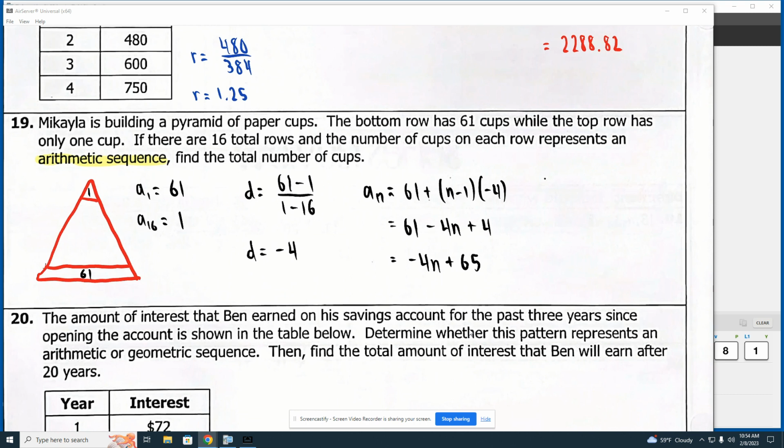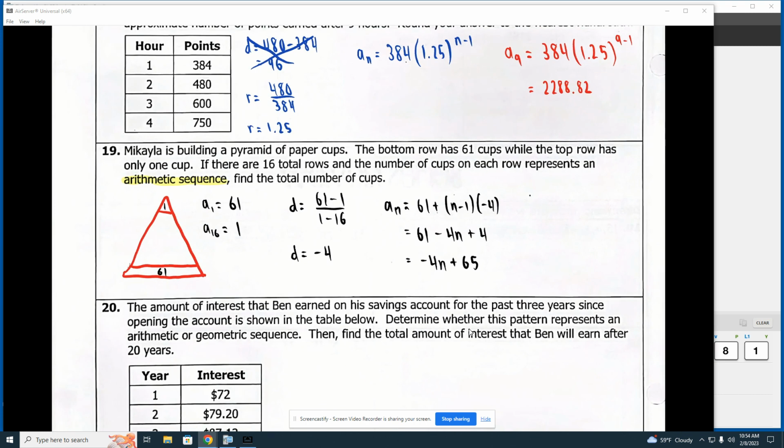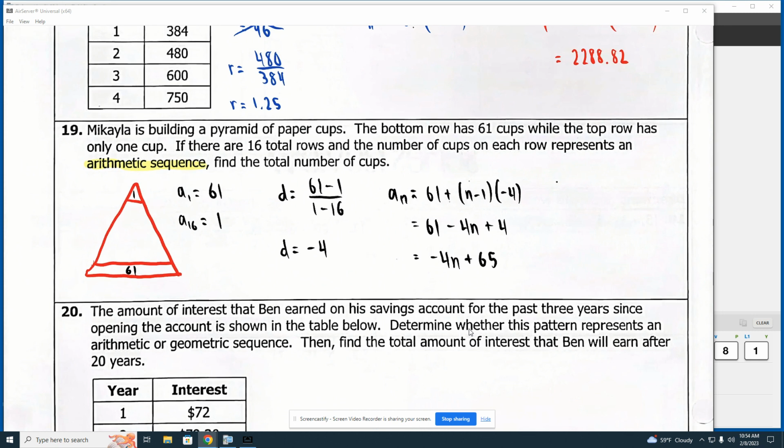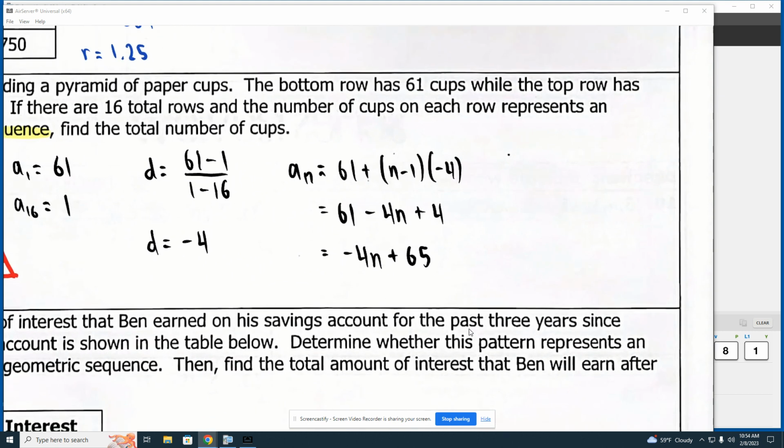Okay? Now, let's answer the question that they asked. At the very end of all this, it says, find the total number of cups. So that's talking about taking every row and doing what? Adding them up. Guys, how do we do that?